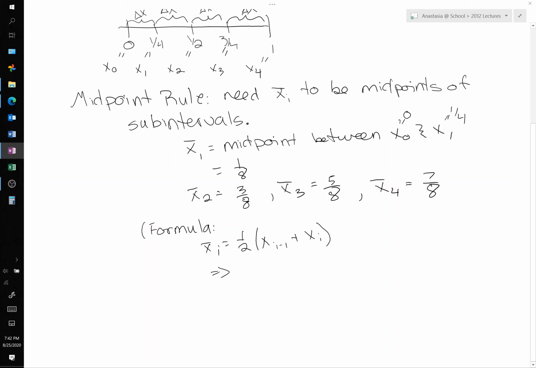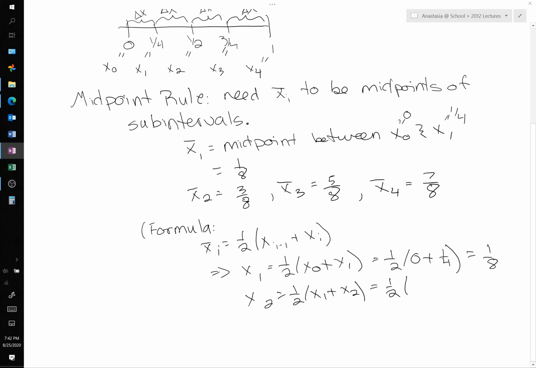So in other words, x bar 1 is going to be 1/2 of x sub 0 plus x sub 1, which in this case is 1/2 of 0 plus 1/4, which gives us 1/8. x bar 2 is 1/2 of x1 plus x2, so that's 1/2 of 1/4 plus 1/2, which is going to be 3/8, and so on and so forth.